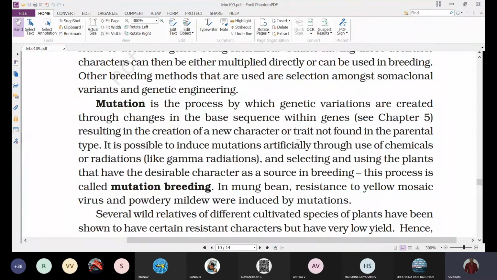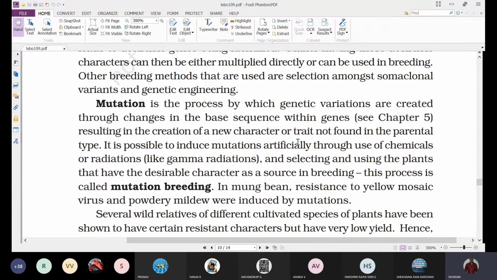As a result, we are developing some new character or trait which is not present in the parent.